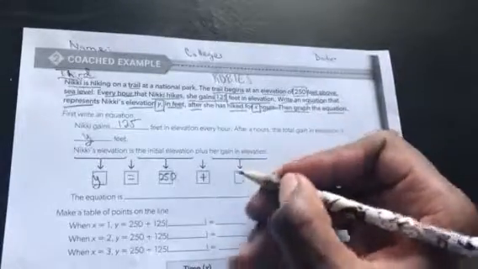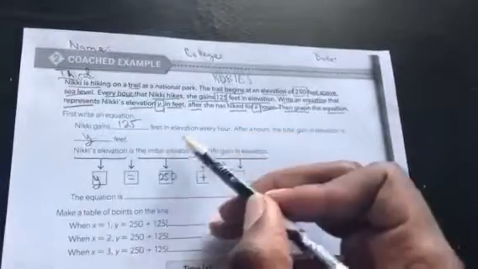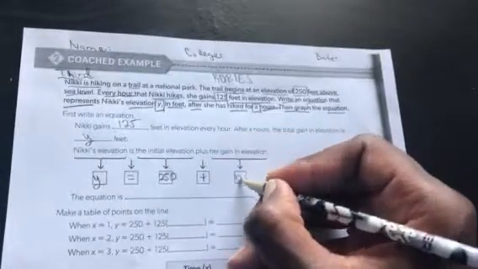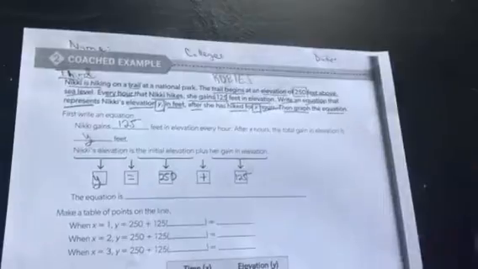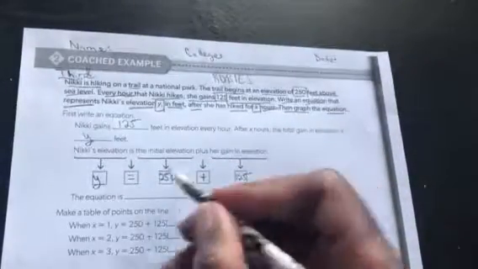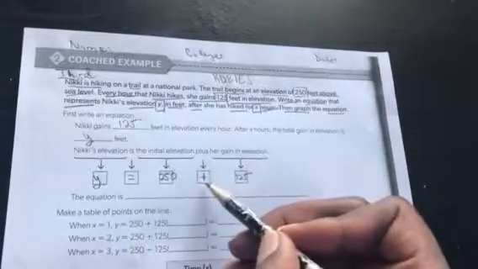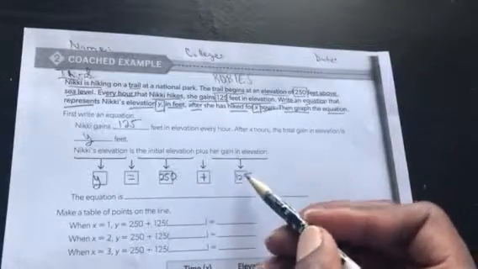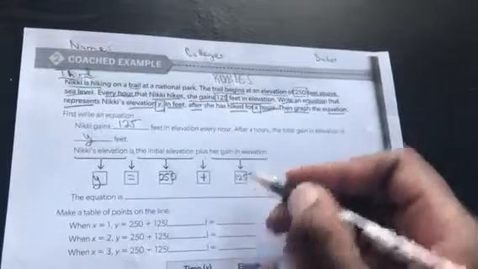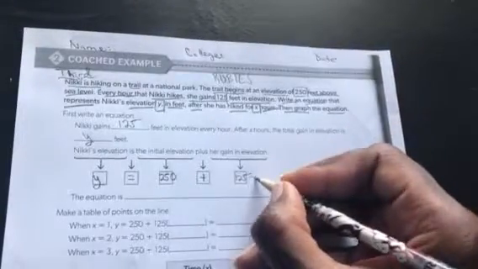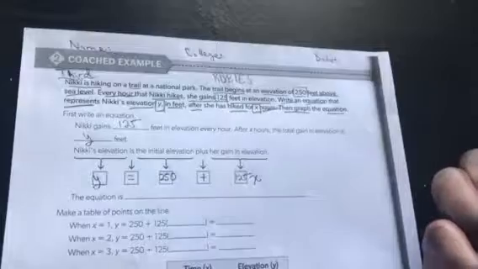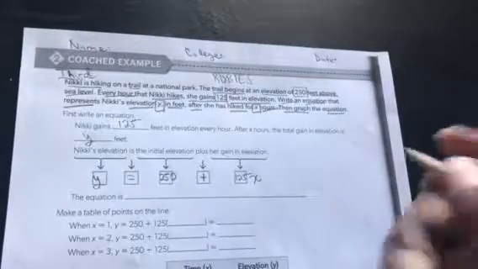Well, her gain in elevation is going to be, how much does she gain every hour? Well, she gains 125 feet. So now we have y equals 250 plus 125, but it's not 125 by itself, it's 125 for each hour. So I'm going to put an x here, so we are multiplying that.